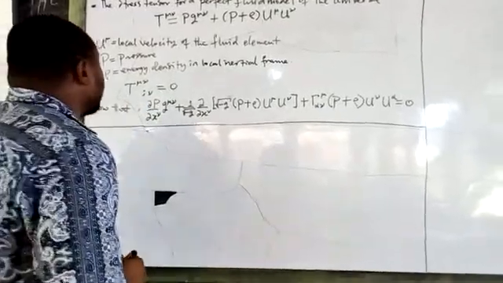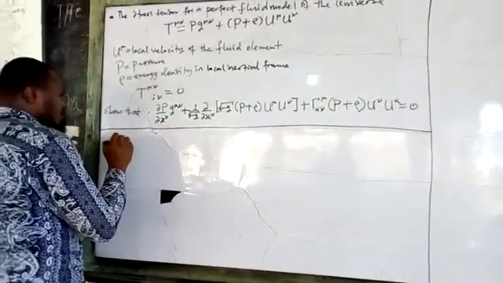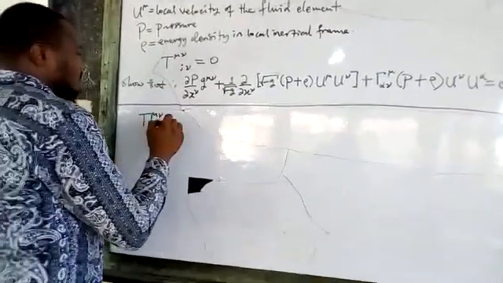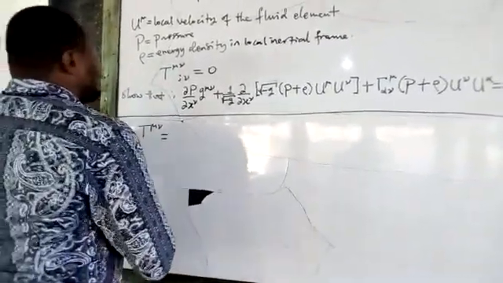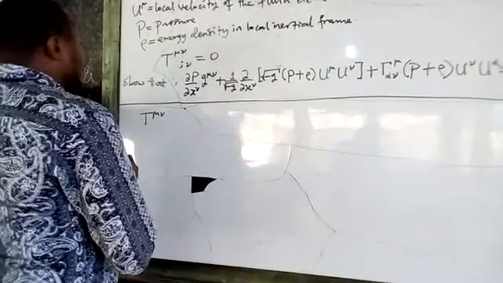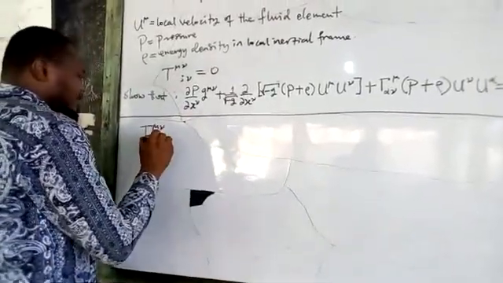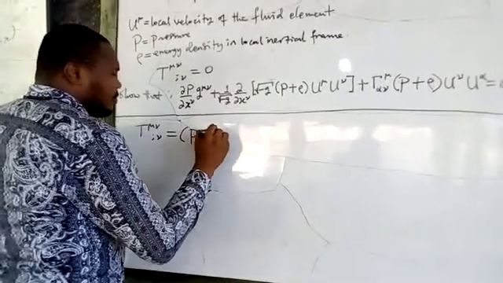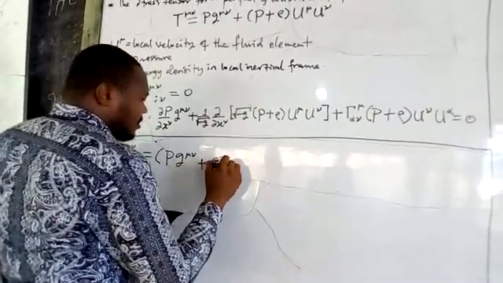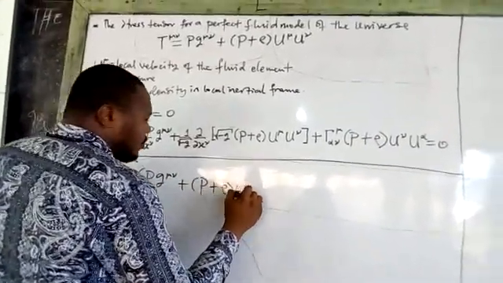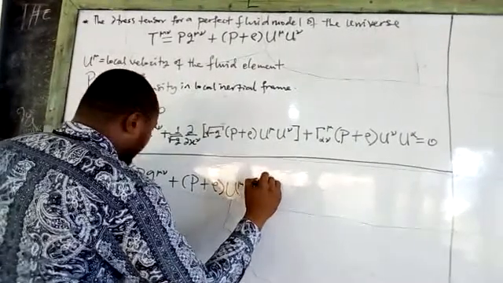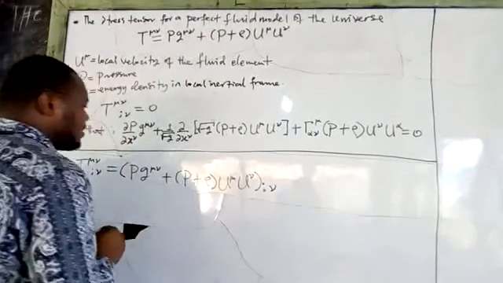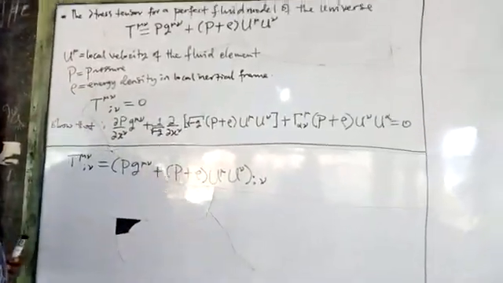So very quickly, we have T mu nu equal to, as written all over here. To avoid being redundant, let me simply say this is the covariant derivative with respect to x nu of the entire expression, P g mu nu plus (P plus rho) U mu U nu.